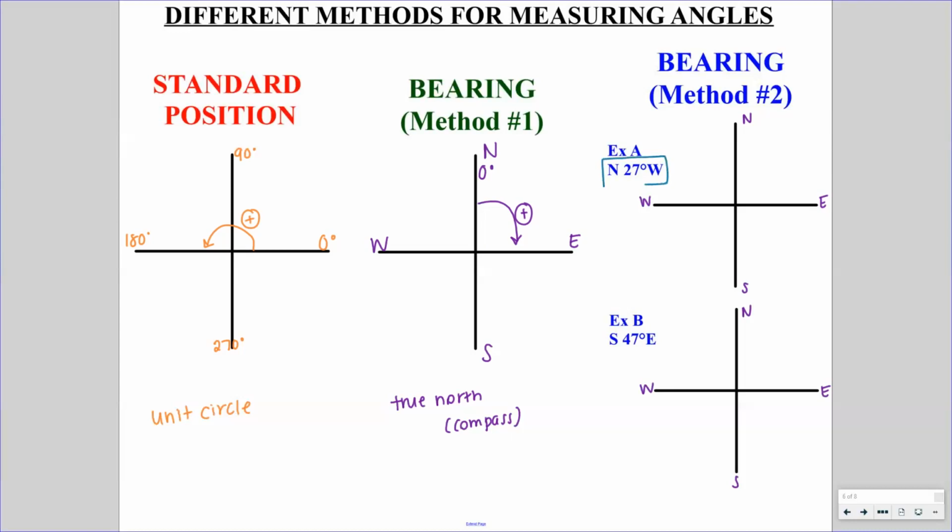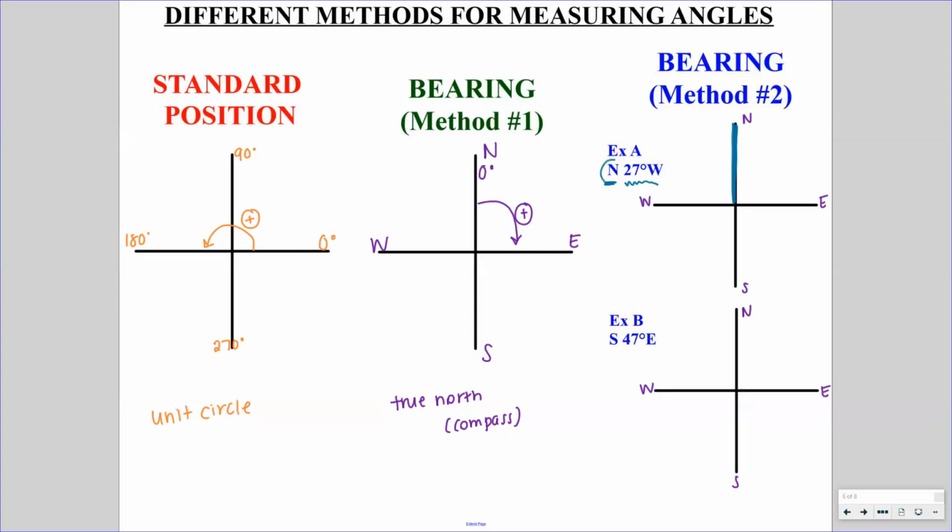So if we take a look at this example here, you guys just draw that in. We want to draw the bearing north 27 degrees west. Okay, so here's how we're going to approach this. North is the pole that we're going to start on here. So we are going to start up here at the North Pole, and we are going to go 27 degrees towards the west. So that's how we read that.